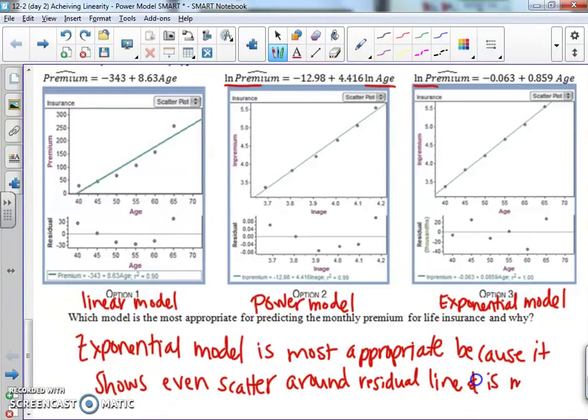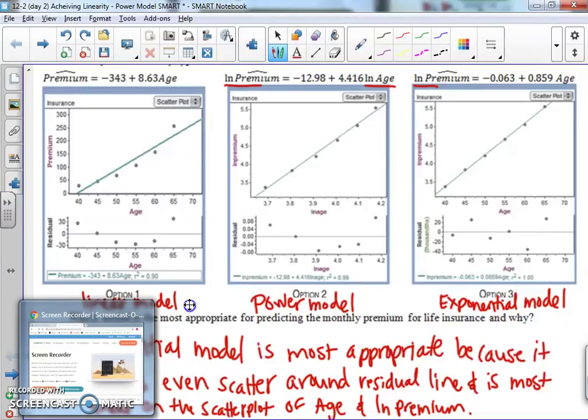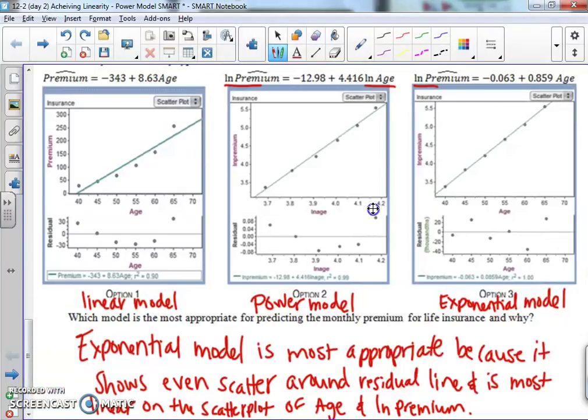And it is the most linear on the scatter plot of age and the natural log of premium. Notice we only use natural log once, which is what makes it an exponential model. Okay. So I hope that was a decent wrap-up of power models versus exponential models.